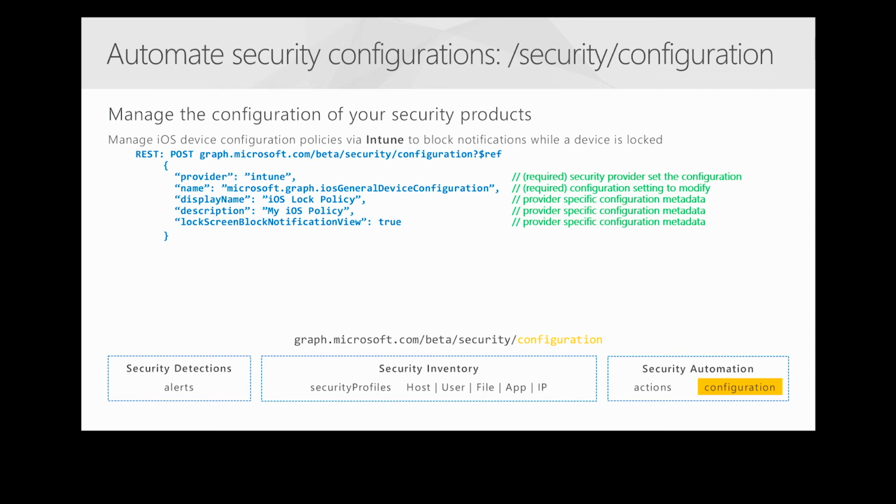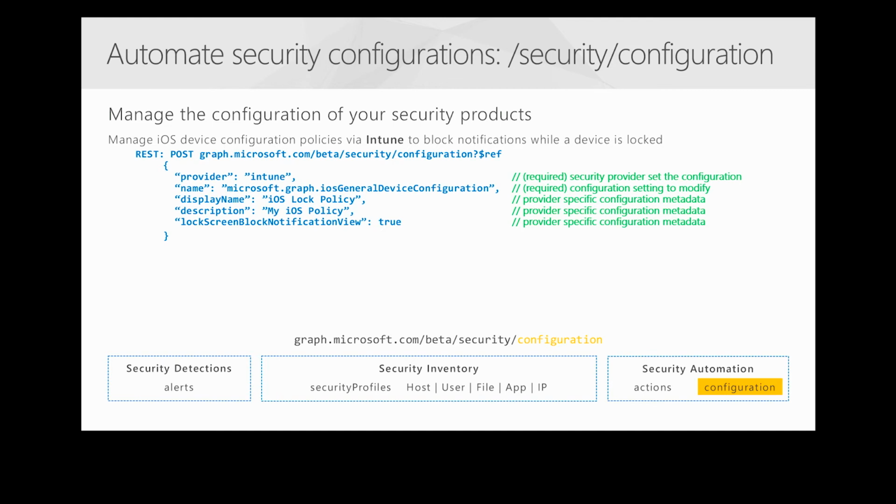We'd like to change a security policy, or maybe add somebody to an administrator group for a security service so that we have a new security responder to add to that group. So in this case, we're saying Intune, we'd like to modify one of the policies around iOS phones. We'd like to say that the lock screen should not show sensitive information when the phone is locked. Very easy to do. You post this request, and Intune is going to change that policy.